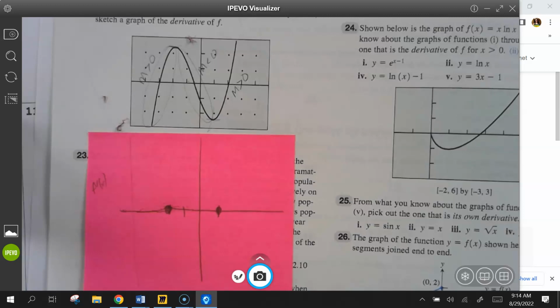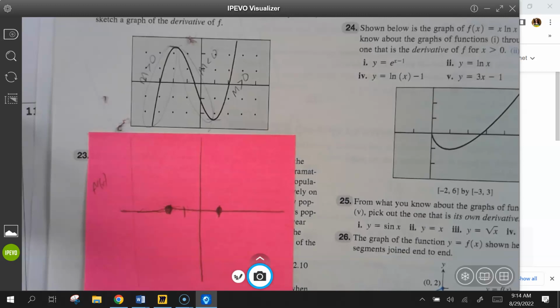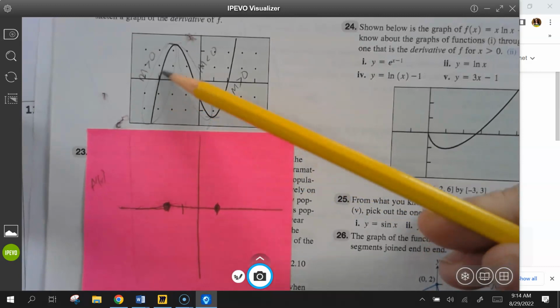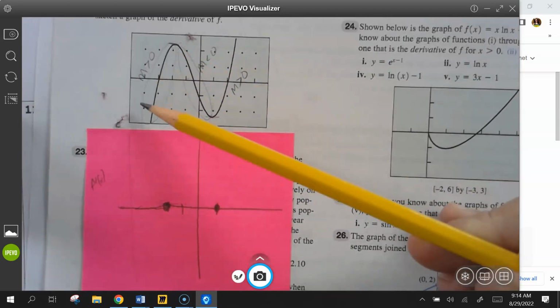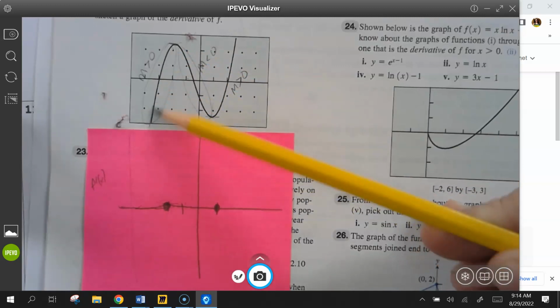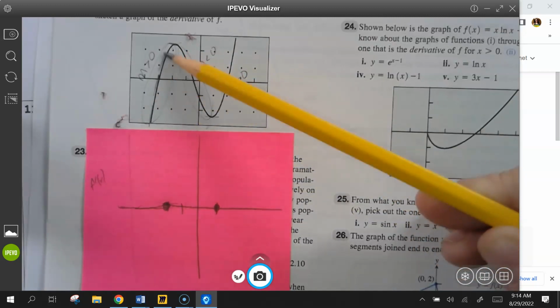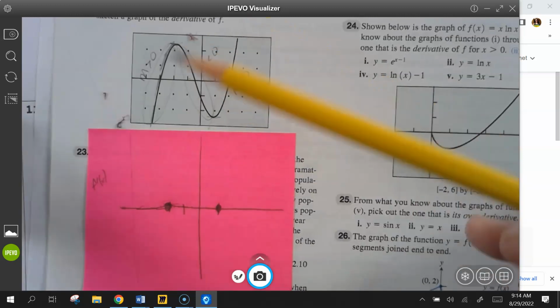What in the world am I going to do? Well, let's look at the left. What's happening? Am I getting bigger as I go this way, or am I getting smaller? The slope of the line. Think about the slope of the tan line here. It's kind of flattening out, right?